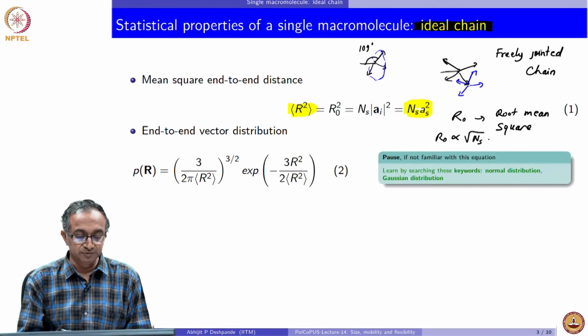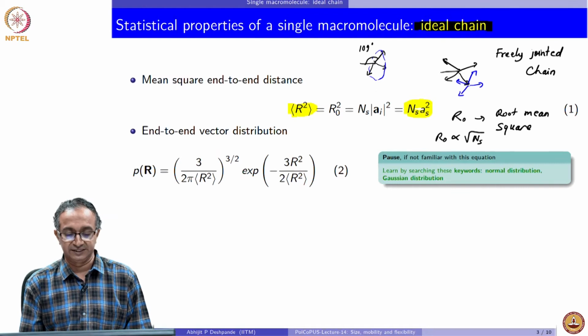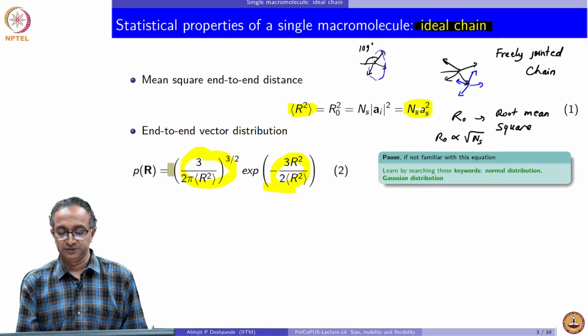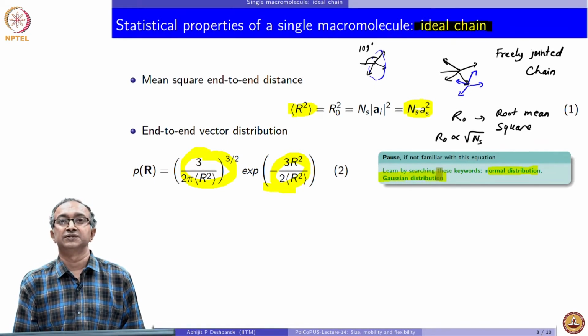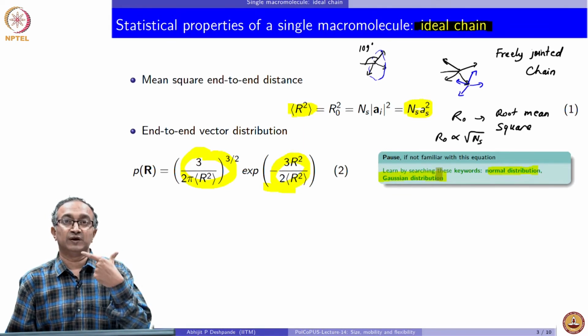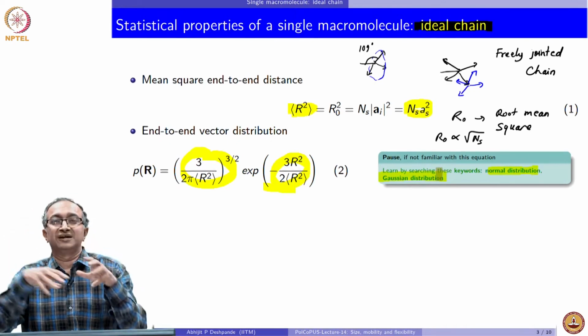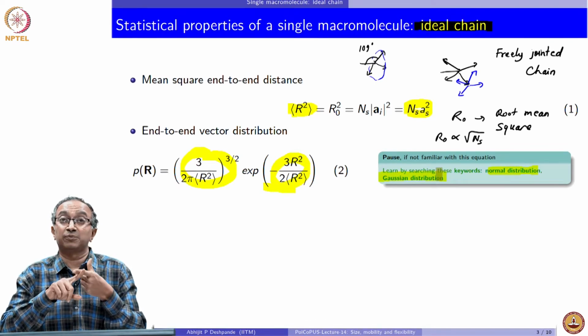And the distribution of how one end with respect to the other end changes is a Gaussian distribution for an ideal chain. And I'm sure a lot of you can recognize the Gaussian distribution. If you're not familiar, just read about normal and Gaussian distributions, and the random walk theory that I talked about can be used to show that an ideal chain, where there is one step and then the second step and then the third step, fourth step, fifth step, and so on, any steps which are taken, and one step can also overlap on the other.